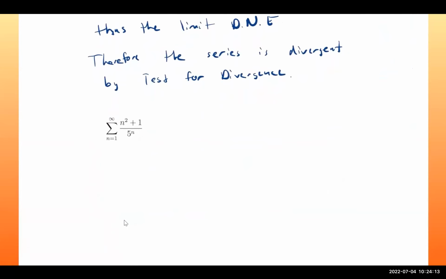Okay, so this one looks like a ratio test because you have an nth power, but you have an n here as well, but it's not an exponent. So this would be a ratio test. So the ratio test would look like this.